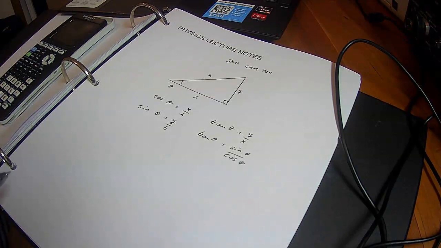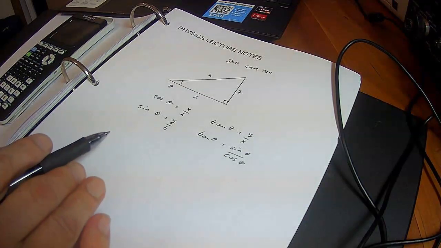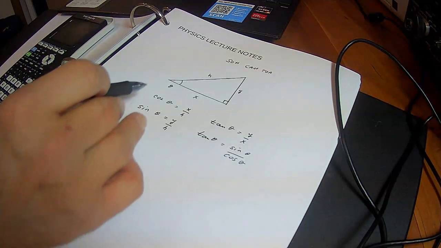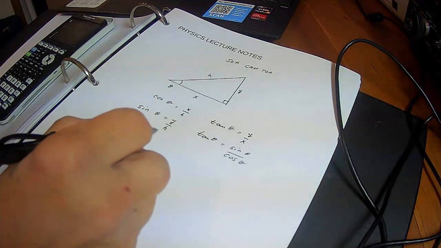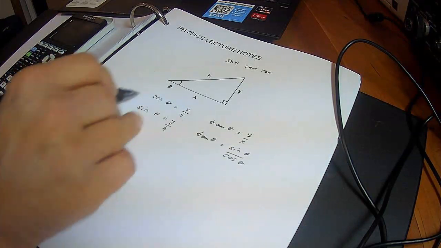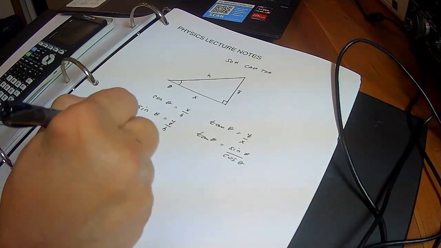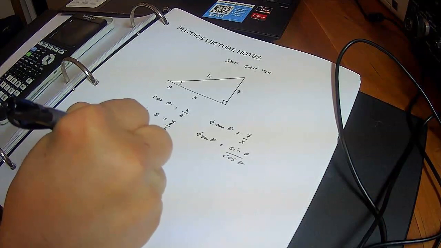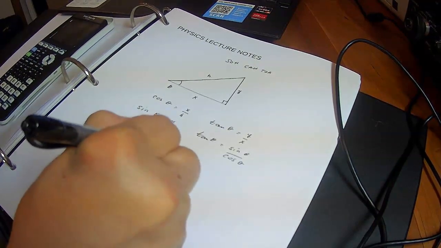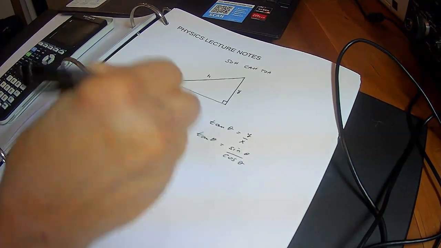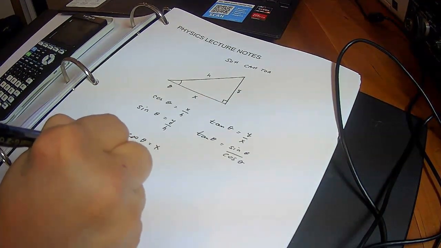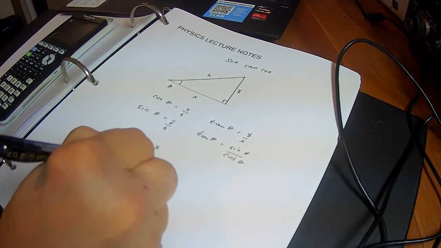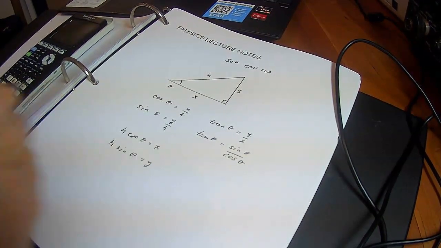I want to rearrange things a little bit here, especially with sine and cosine. I want you to be able to look at these two relationships also like this. H times the cosine of theta is going to give me my x. H times the sine of theta is going to give me my y value.